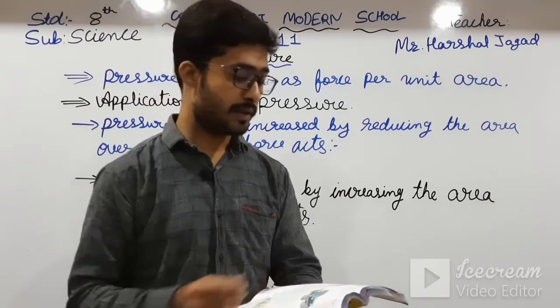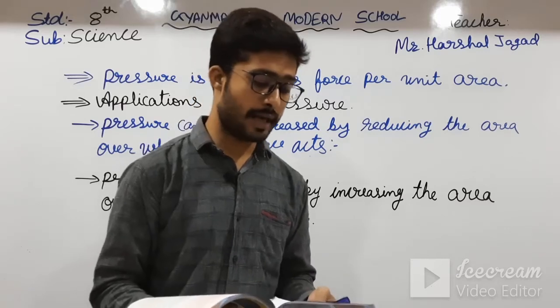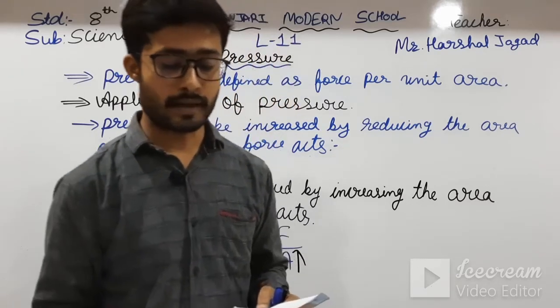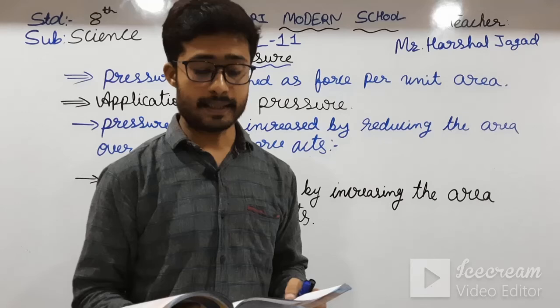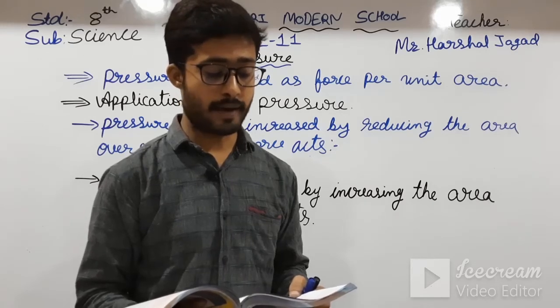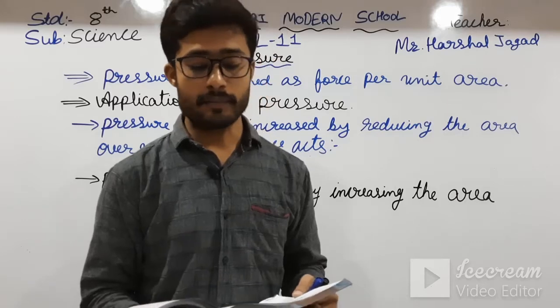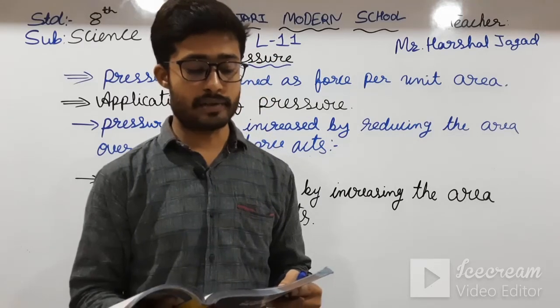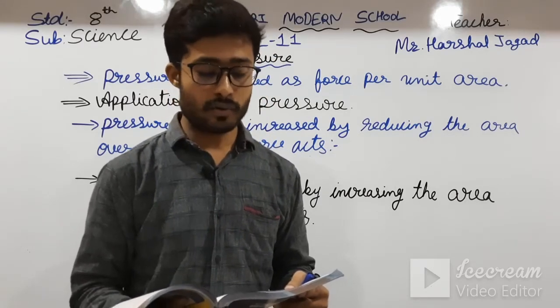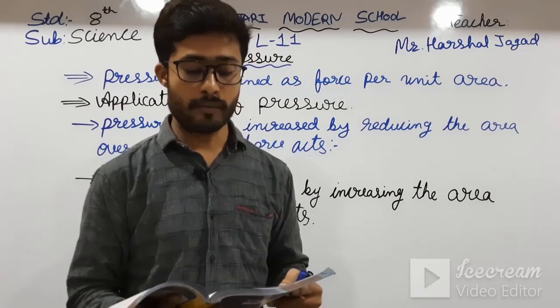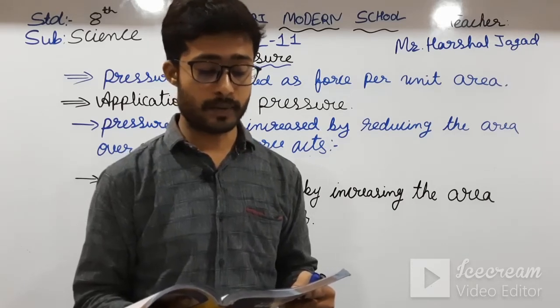Okay students, have you noticed that the tires of different vehicles have different widths? Bicycle tires are very slim, whereas big buses and trucks have very wide tires, sometimes even 2 or 4 tires together instead of 1, 2. Understand this, we have to remember that pressure is force per unit area.